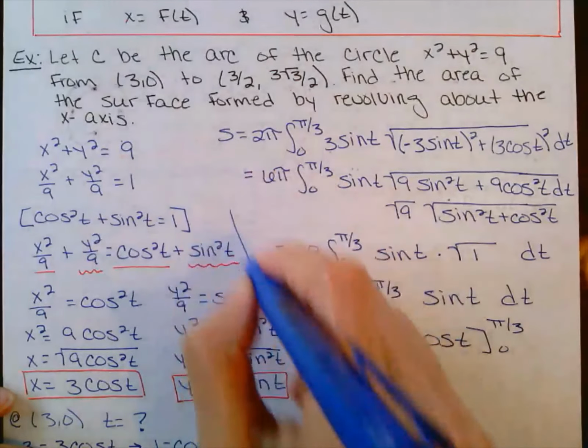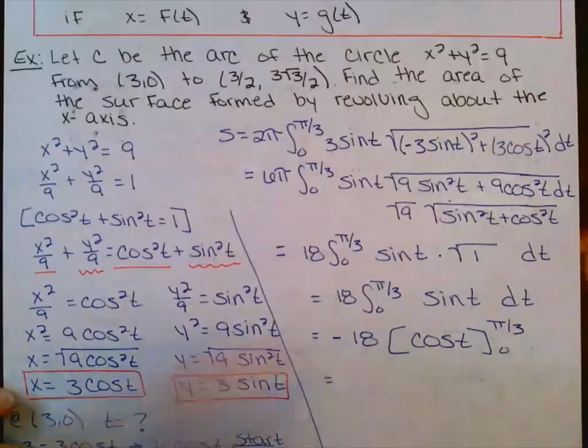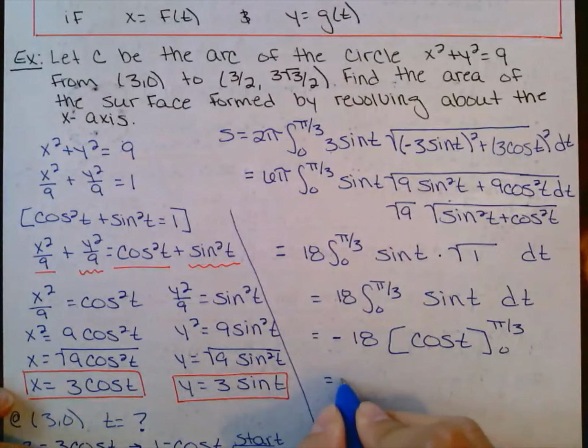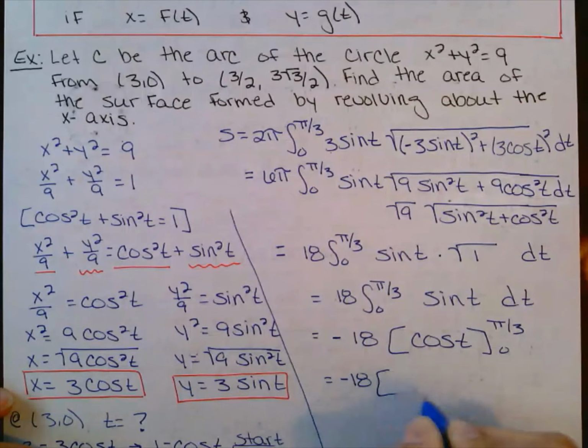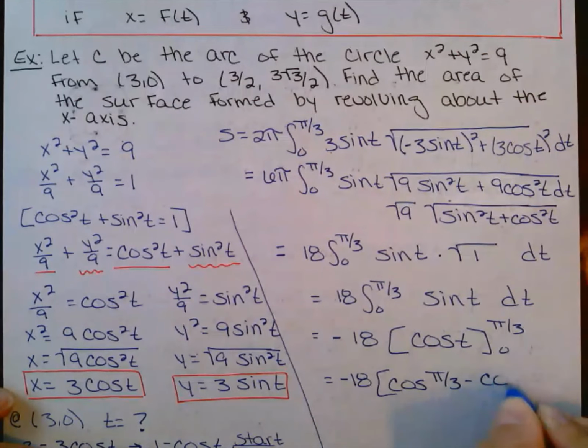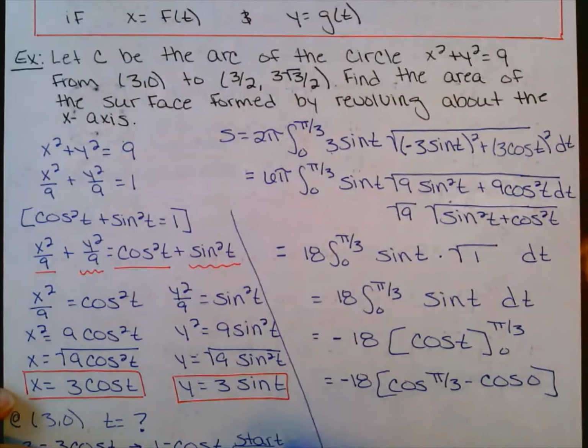I'm going to draw a line in here just so we don't mess up the left with the right work. And now I have cosine at pi over 3 minus cosine at 0. Cosine at pi over 3 is half. Cosine of 0 is 1.